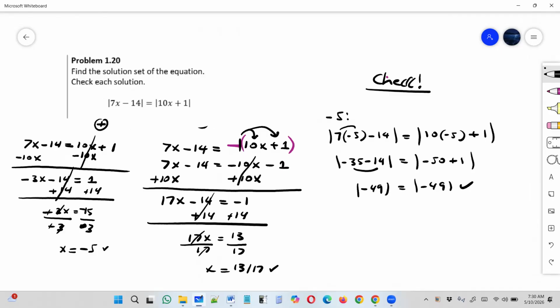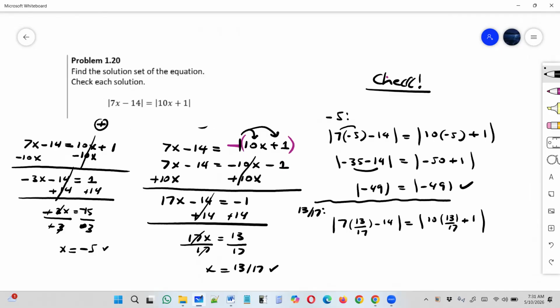Now let's see the 13 over 17. This is going to be a very mean number. So 7 times 13 over 17 minus 14 equals 10 times 13 over 17 plus 1.